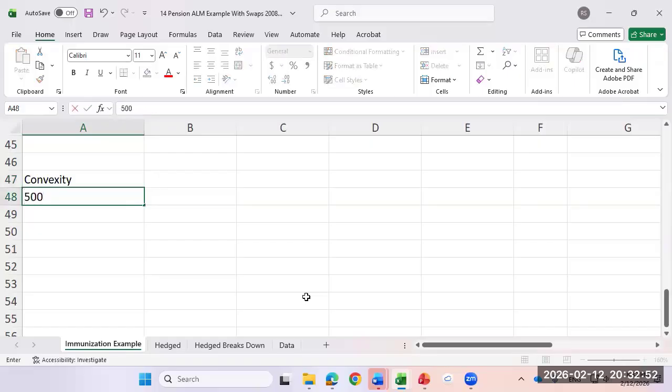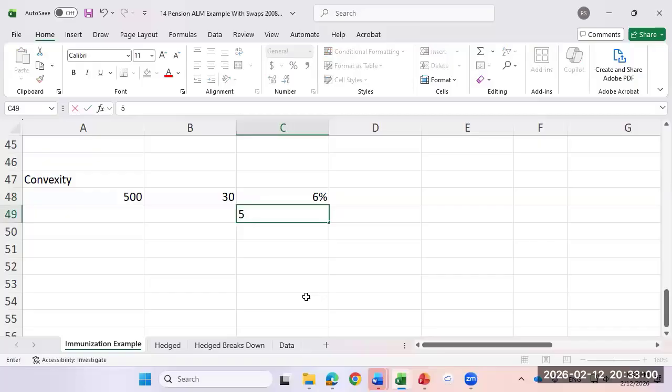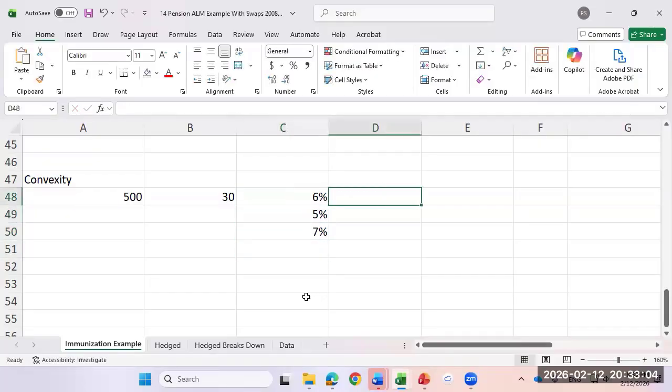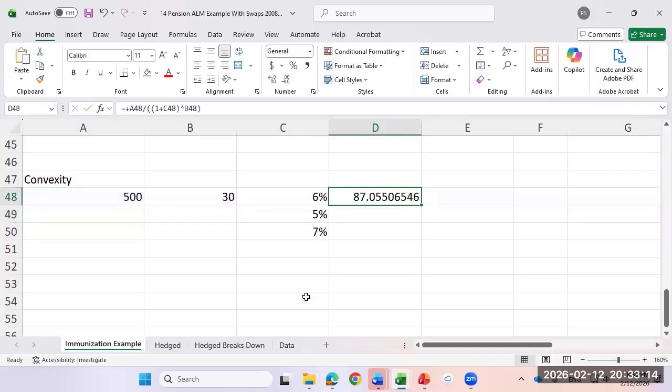So let's say you have $500 for 30 years. And let's say you start with a rate of 6%. What if it falls to 5%? What if it rises to 7%? So you take 500 divided by 1 plus the rate, raised to the time. That gives your present value there.